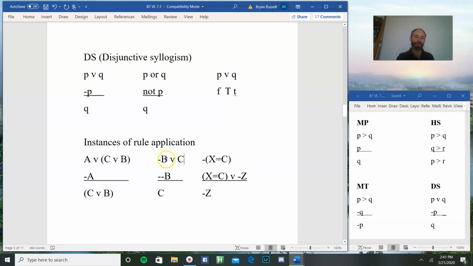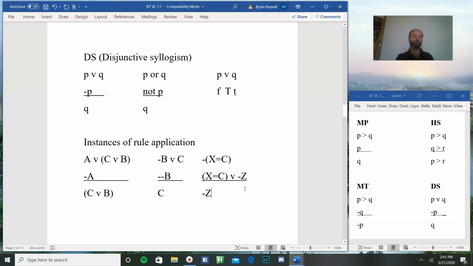We'll need a negation of the first disjunct. Our P was tilde B, and remember, our P is just everything before the wedge. So we'll need that with one additional tilde in front of it on our second line: not B. And that allows us to get what's after the wedge, C.